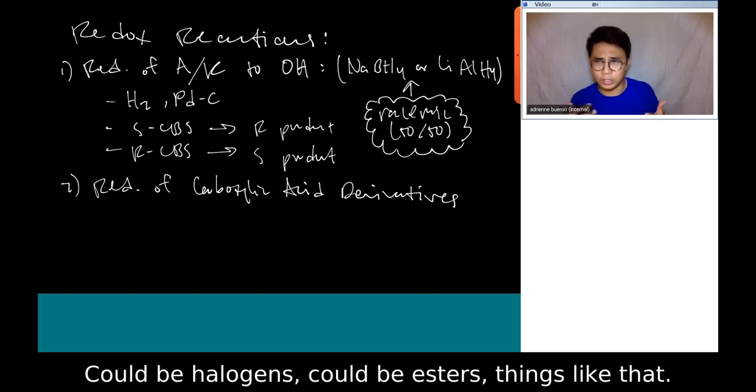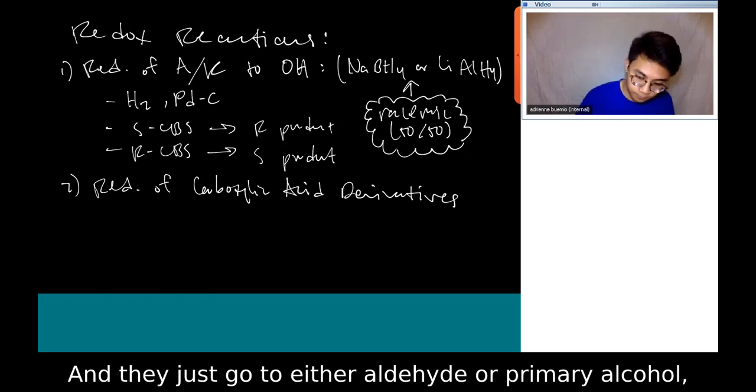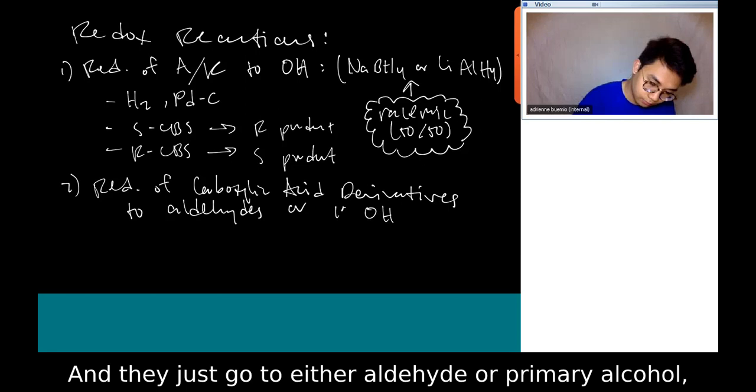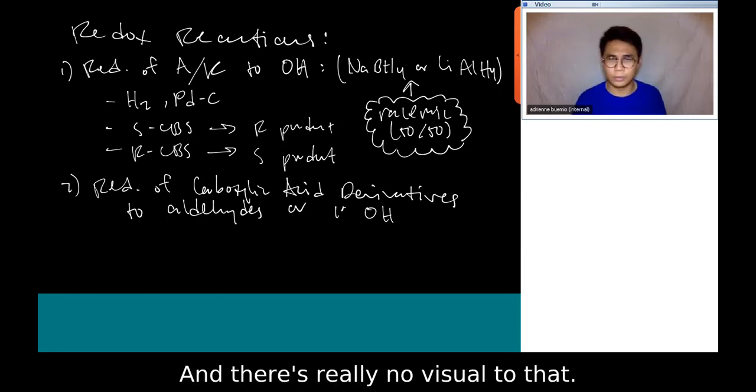Could be halogens, could be esters, right? Things like that. And they just go to either aldehyde or primary alcohol, right? And there's really no visual to that.